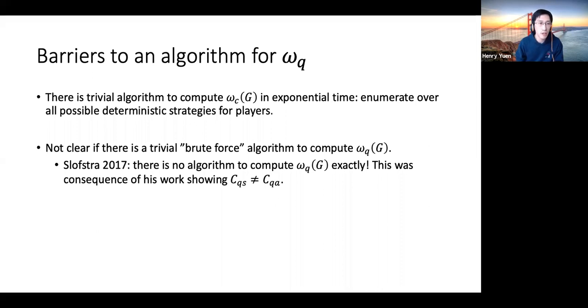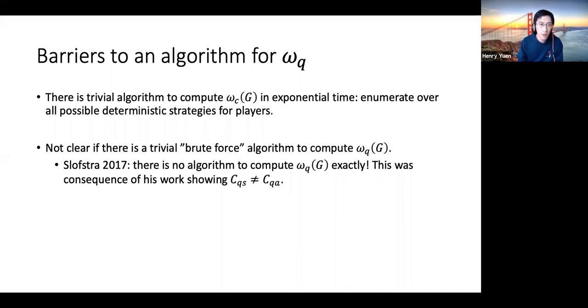But it's not clear if there's a similar trivial brute force algorithm for the quantum value. And in fact, if you wanted to compute it exactly, there is no algorithm. And this is something that William Slofstra showed in 2017. And this was a consequence of his work in showing that the set of spatial correlations is not closed.